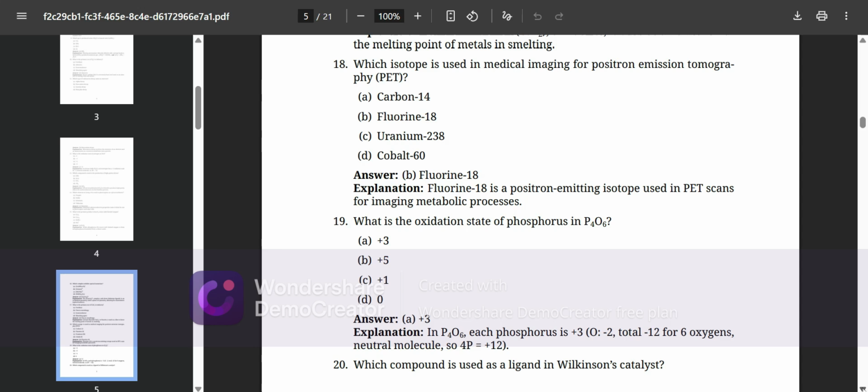Fluorine-18. Fluorine-18 is a positron-emitting isotope used in positron emission tomography scans for imaging metabolic processes.